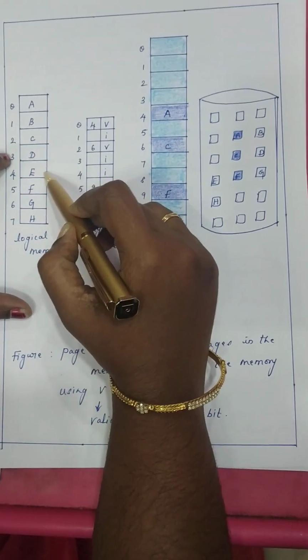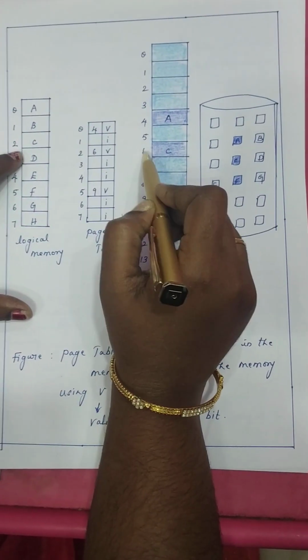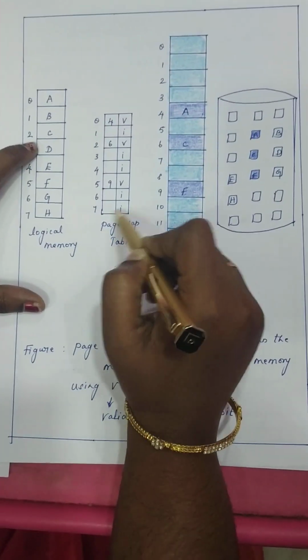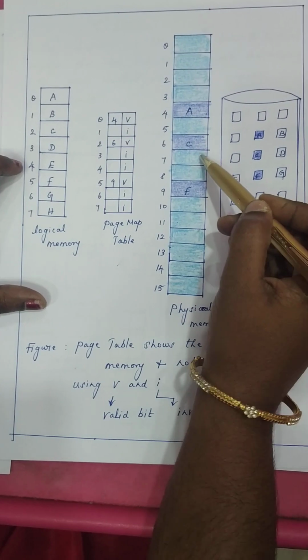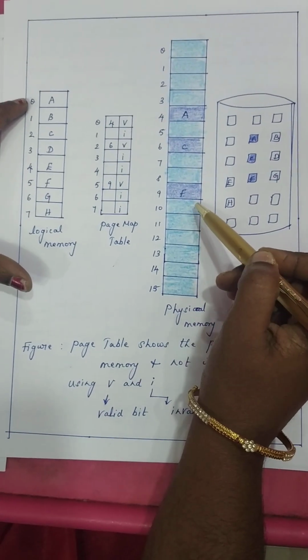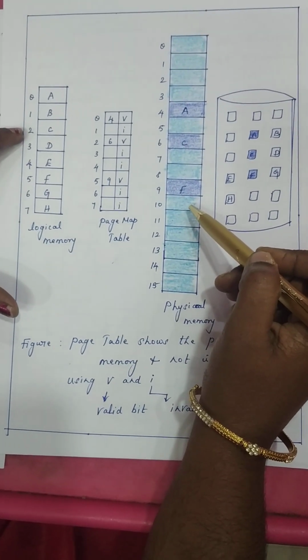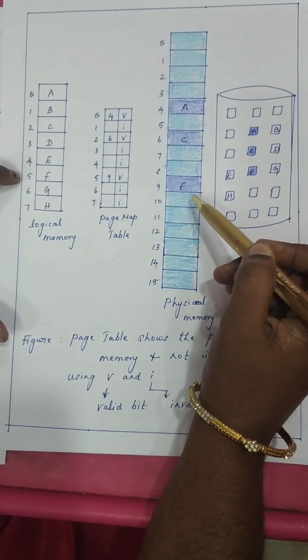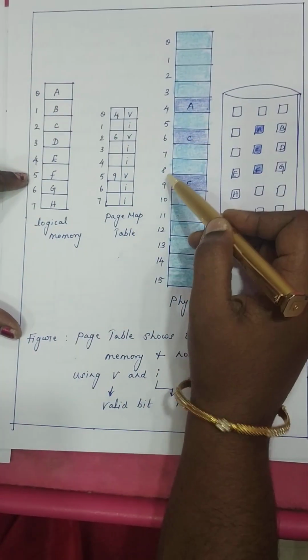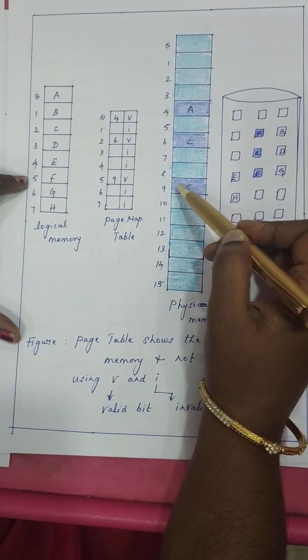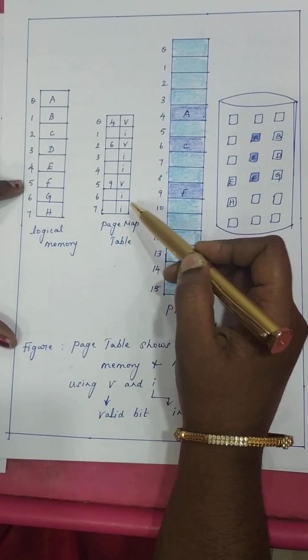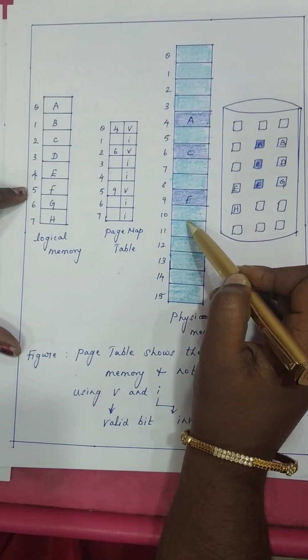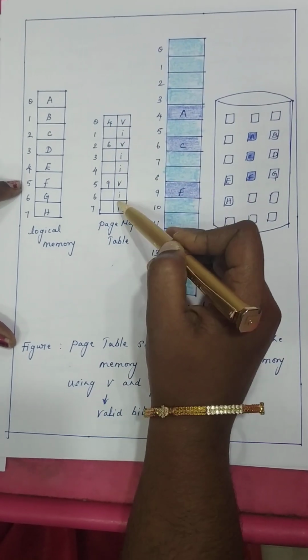So this is how a logical address space is mapped into the physical address space using the page map table. The contents A, C, F in the concerned page numbers 0, 2 and finally 9 are in the physical memory, so those bits will be valid, and those pages that are not in the physical memory are marked invalid.